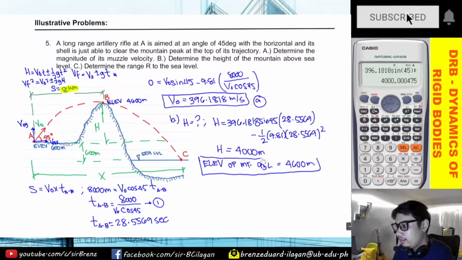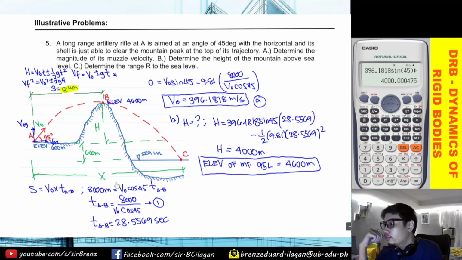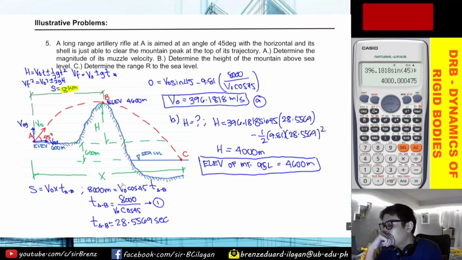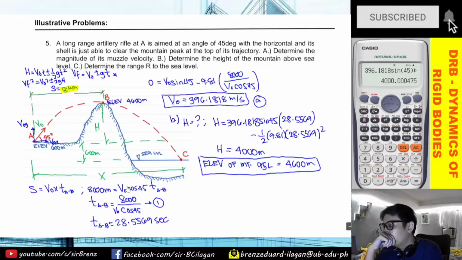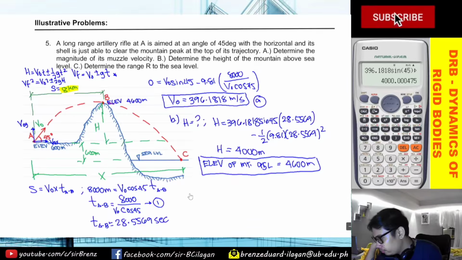And last, ano ba yung hinahanap sa letter C? To determine the range R to the sea level. So, ano yung kanyang range na ito? Okay, so I think pwede natin gamitin yung formula na kasi pababa na to eh.